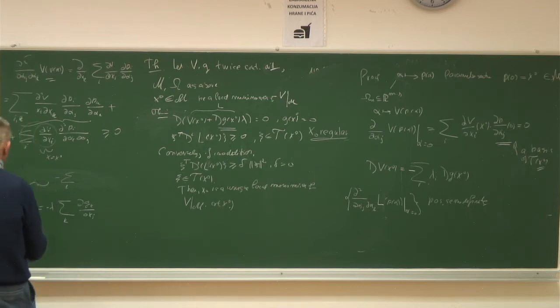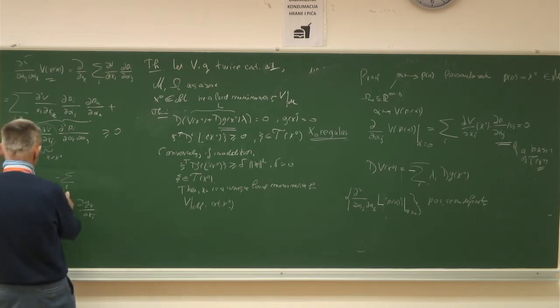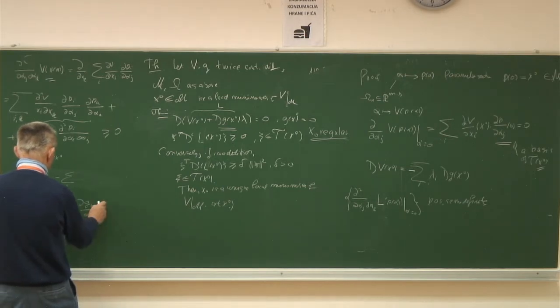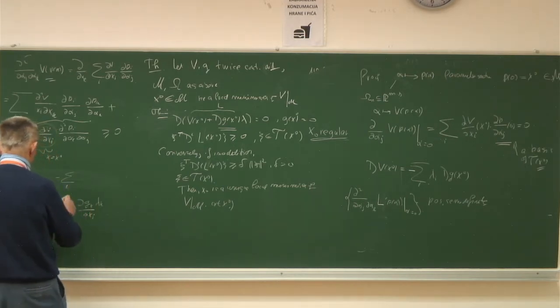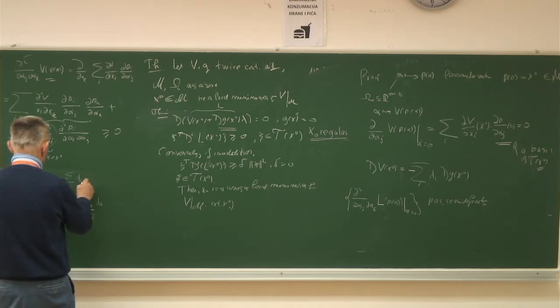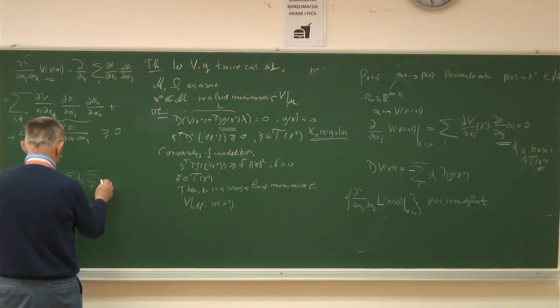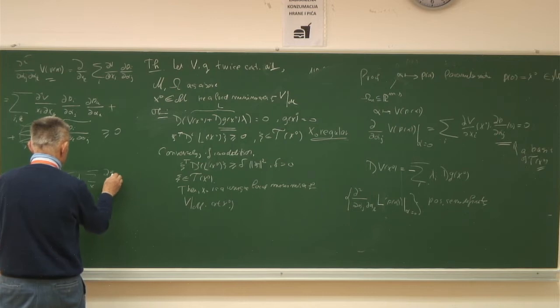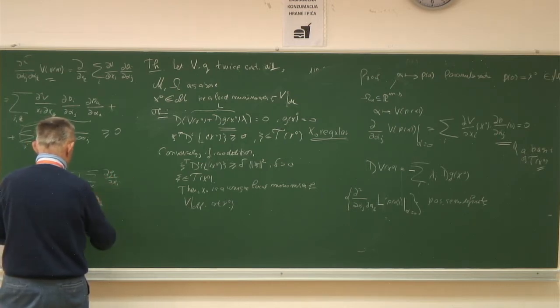So, minus i, and then comes lambda k. So, i, lambda k, dg k, dx y. That's what it is.